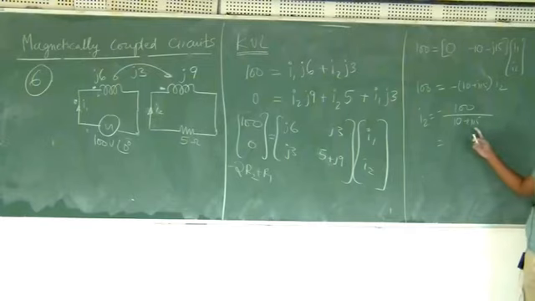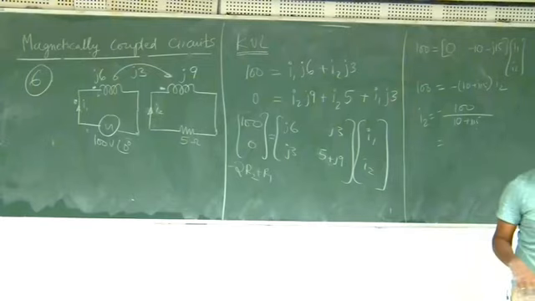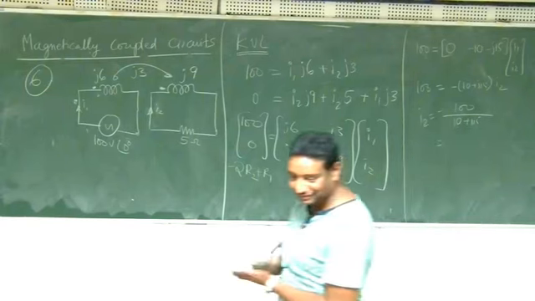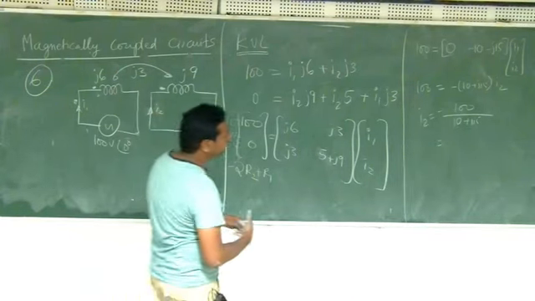Okay. So what is 10 plus j15? Convert to polar, and then you can try to do that. If you have a complex calculator, it is very easy.